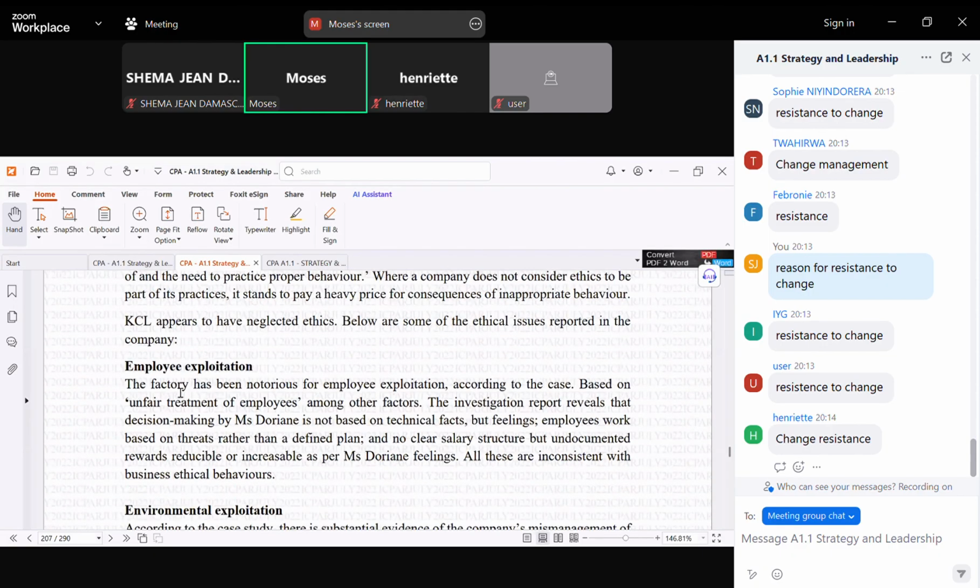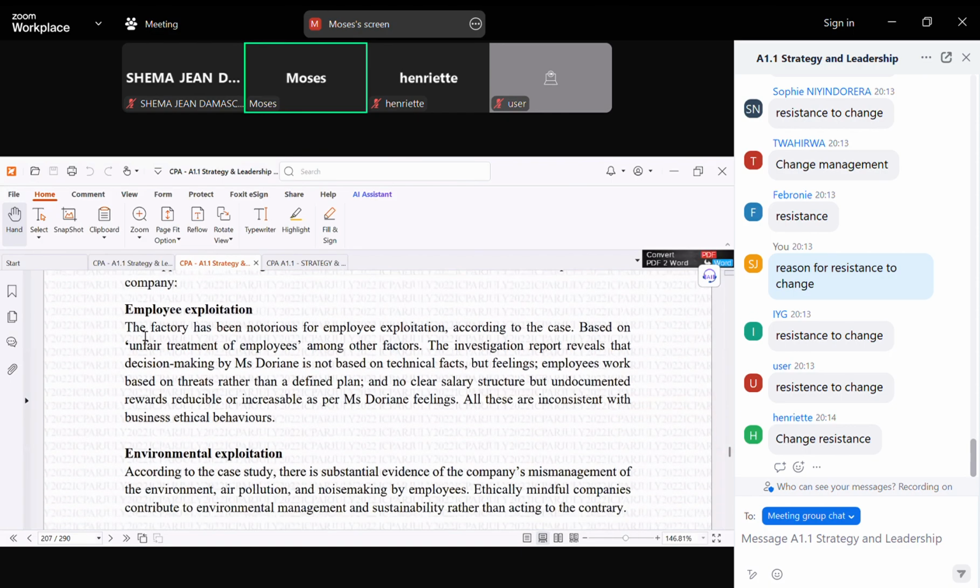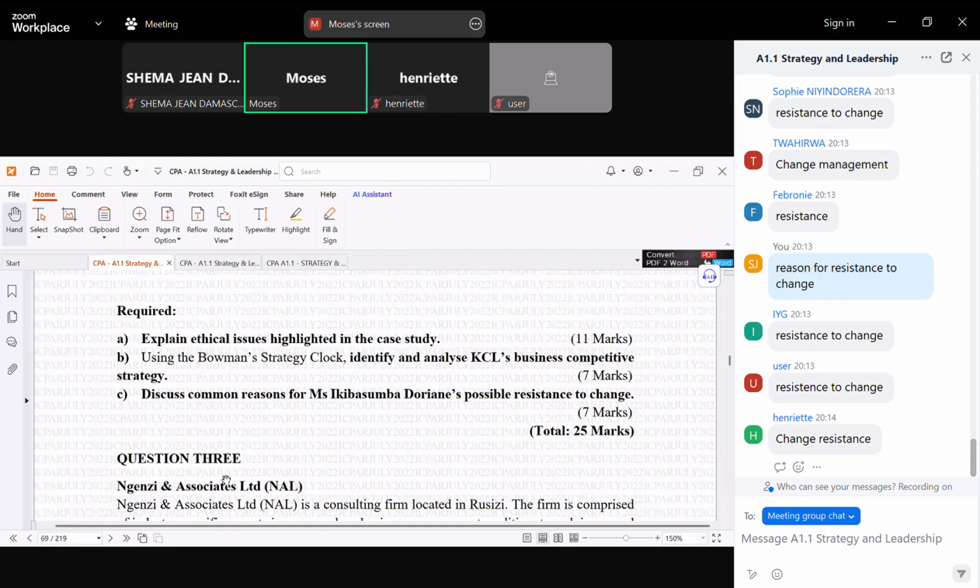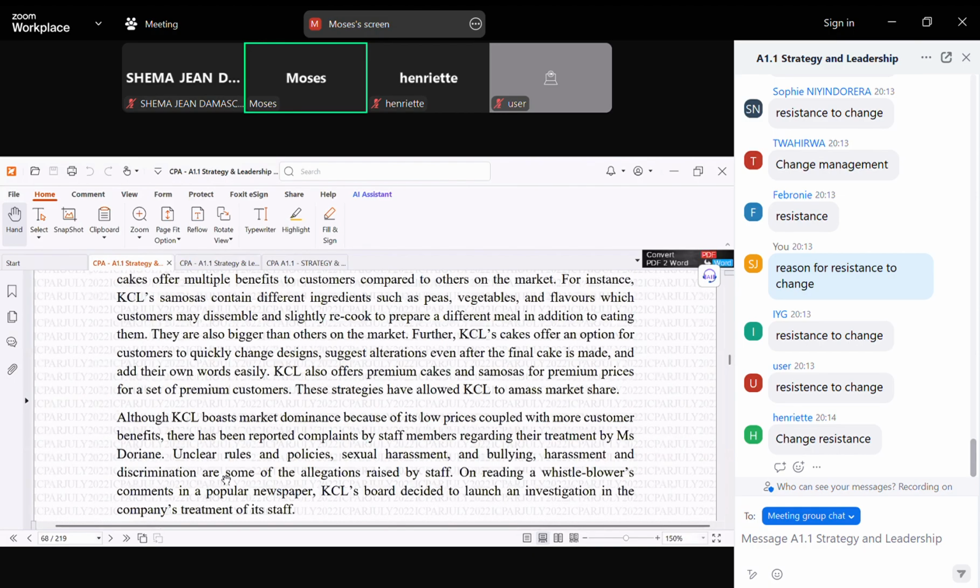And then they start with a short introductory sentence that says, KCL appears to have neglected ethics. Below are some of the ethical issues reported in the company. They indicate the point here. Okay. And then explain. First of all, let's go to the case study for you to see exactly what I mean.